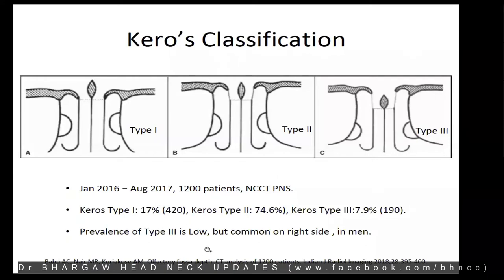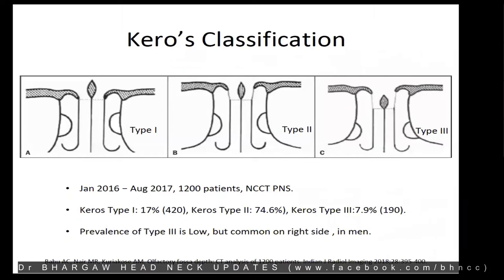A study published in the Indian Journal of Radiology and Imaging in 2018 from an institute in Kerala studied the NCCT PNS of over 1,200 patients, and found that in close to 75% of patients the commonest type was Keros 2, which is not a high-risk type for injury during surgery, similar to type 1. Type 3 is seen in only about 8% of patients, so its prevalence is low, but when it is seen, it is more on the right side, and in men.